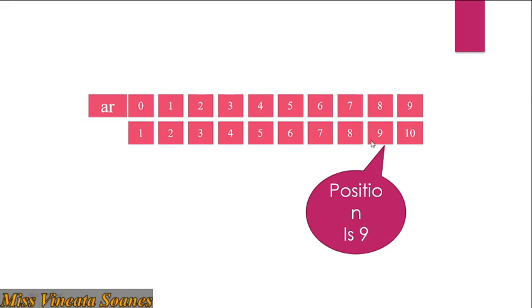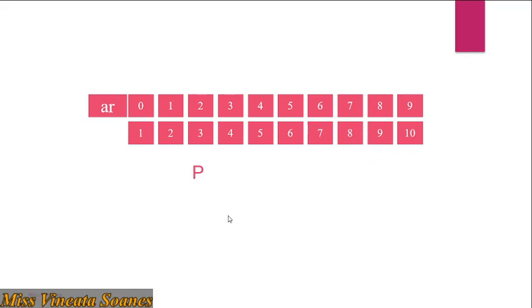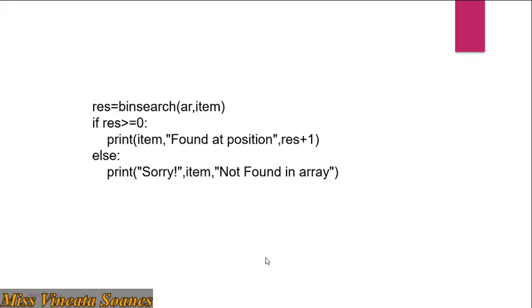But if you want to print 9, you add 1 to the 8 that's returned. Hence you get the position, which is res plus 1. So the position will always be the index plus 1. If you want to print just the index, you give just res, so you don't have to give plus 1. If you are printing the position, you say found at position res plus 1. Otherwise, you can say found at index res.